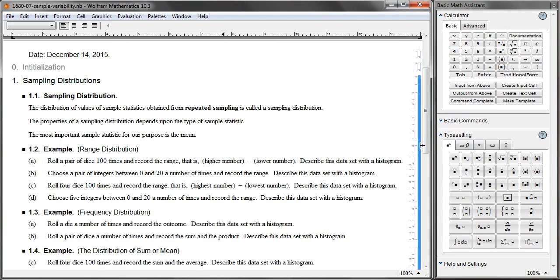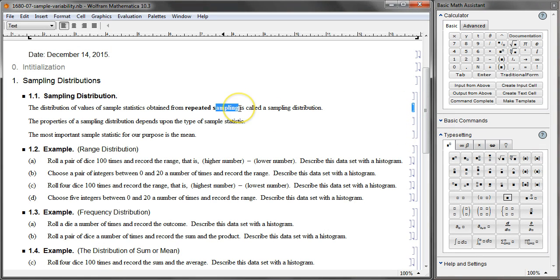And here we go. What do you mean by the sampling distribution? The key word here is repeated sampling. The distribution of values of sample statistics obtained from repeated sampling is called a sampling distribution. You see, the sampling itself is a repetition as a matter of fact.